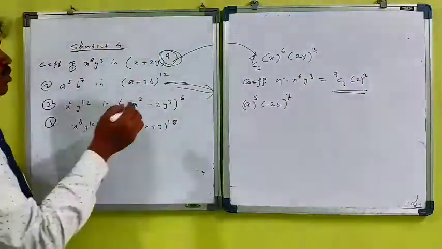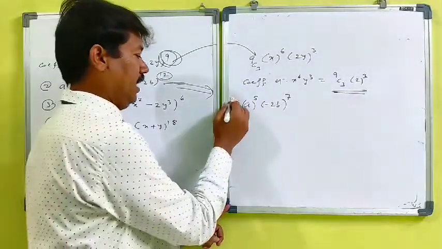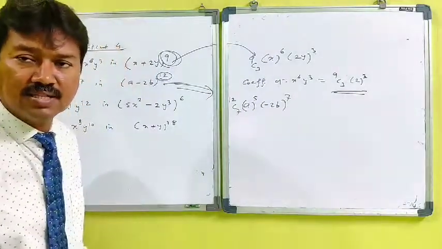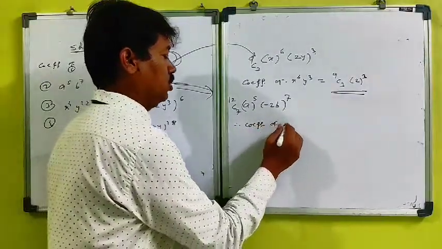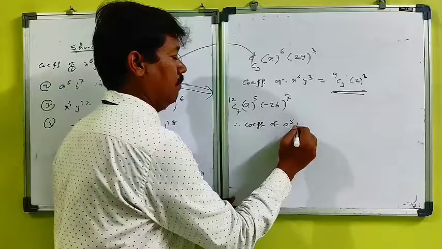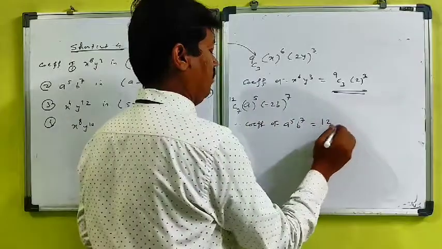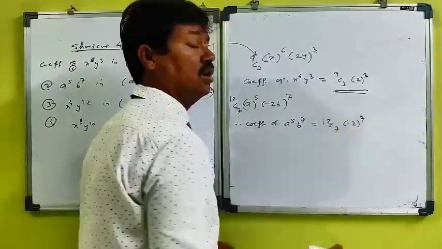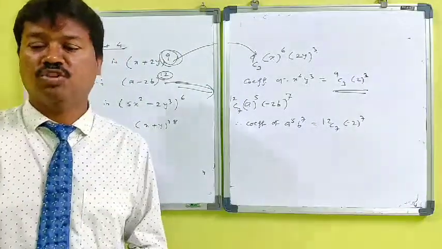And what is the total power? 12. So write 12 in front, and since this is 7, it is 12c7. Therefore, what will the coefficient of a raised to 5, b raised to 7 be? 12c7 into the constant term, that is -2 raised to 7. Very easy. Understood? So we can solve this.